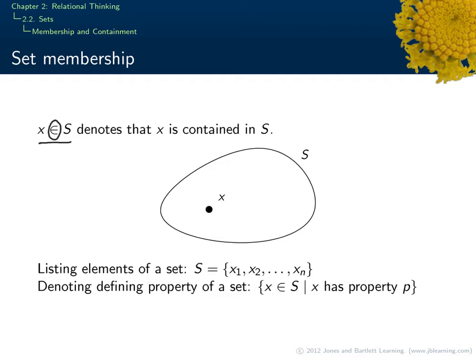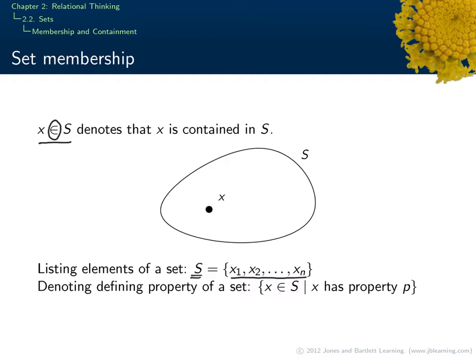Now, how about notation for sets themselves? Sometimes it's possible to list all of the members of a set. If that's the case, then you can characterize S by just listing its members inside of curly braces. Sometimes that's unwieldy, especially for infinite sets.